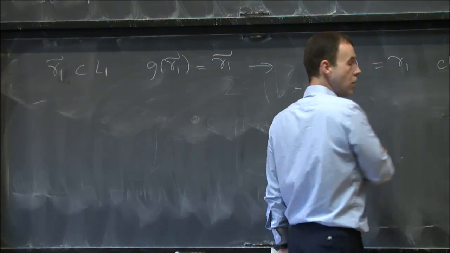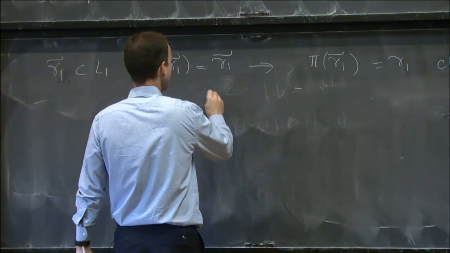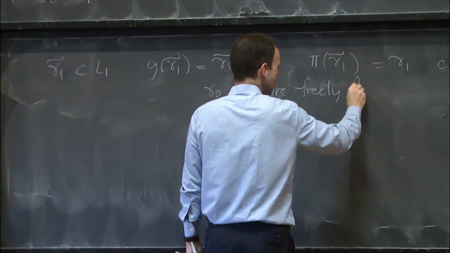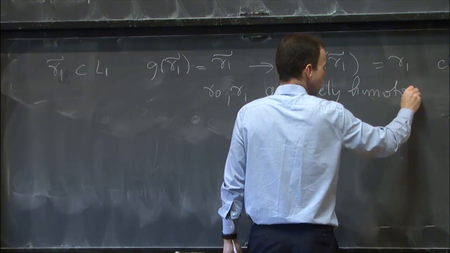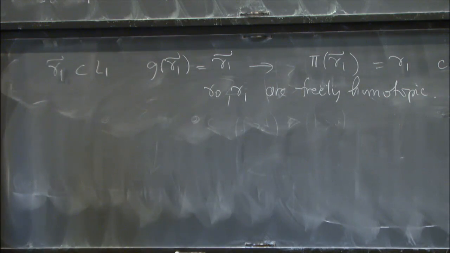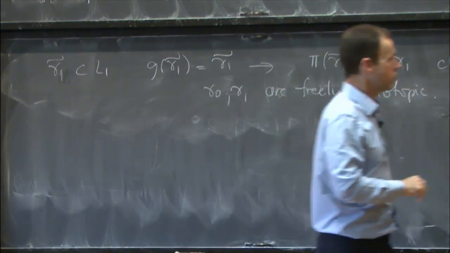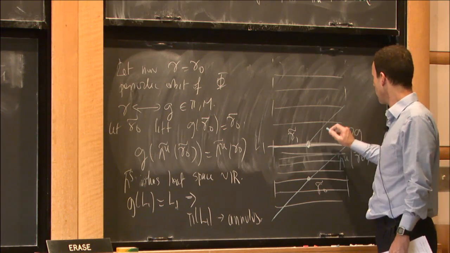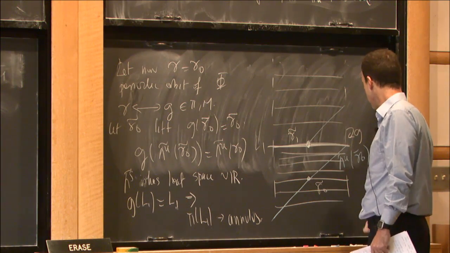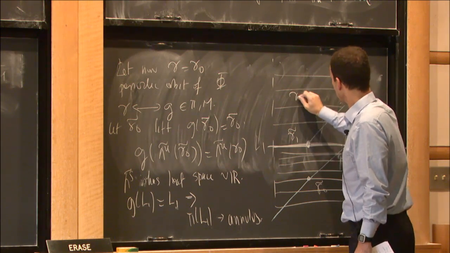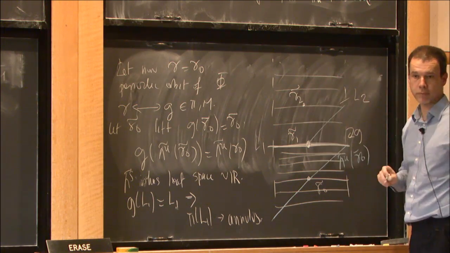And since it's associated with the same G, gamma 0 and gamma 1 are freely homotopic. It turns out actually that gamma 0 is freely homotopic to the inverse of gamma 1 as oriented orbits. Anyway, we don't need that. And then you can just play the game again and again. Okay? From here, you do the same thing, and you're going to get some L2 and a second orbit here, and so on. Okay?